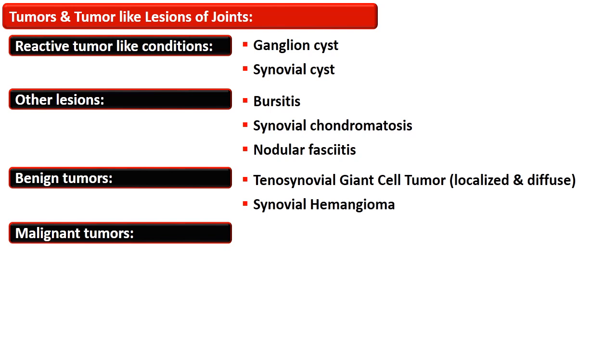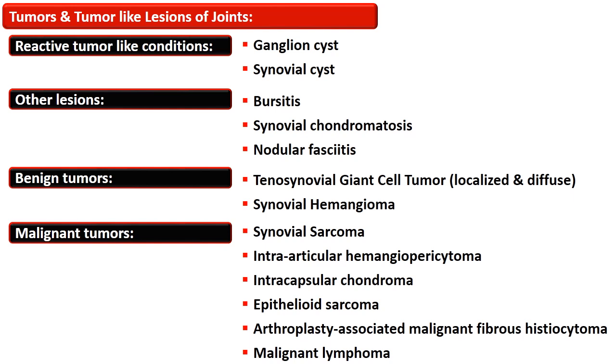The benign tumors of this region are tenosynovial giant cell tumor, both localized and diffuse, and synovial hemangioma. The malignant tumors of this joint are synovial sarcoma, intra-articular hemangiopericytoma, intracapsular chondroma, epithelioid sarcoma, arthroplasty-associated malignant fibrous histiocytoma, and malignant lymphoma.